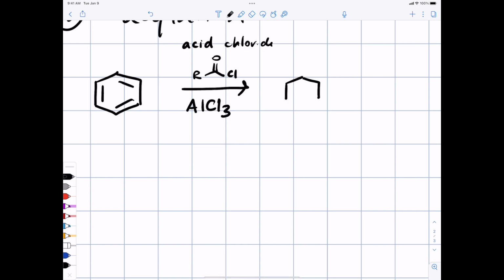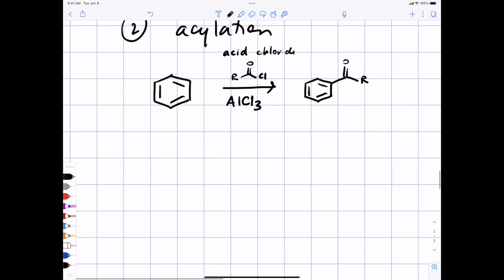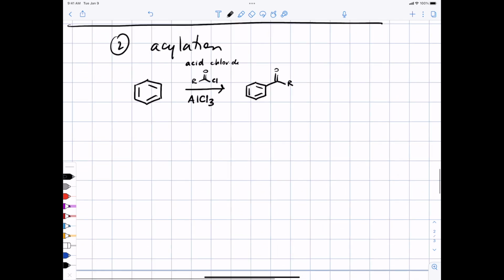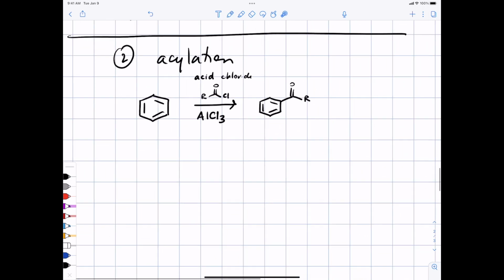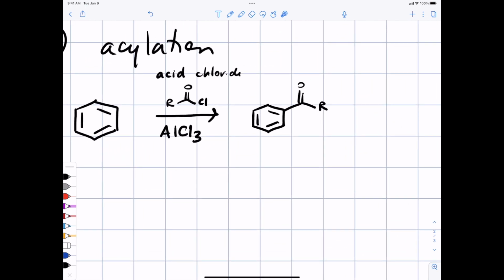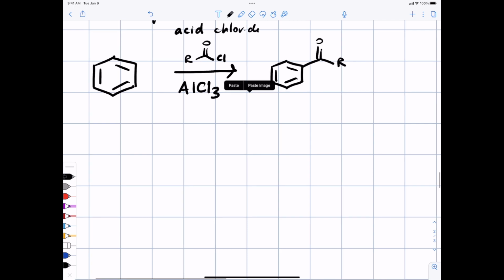And this reaction makes a new bond between benzene and the carbonyl carbon of the acid chloride. And so conceptually, I think you can imagine what's going on here. We're using the Lewis acid to turn chloro into an even better leaving group.